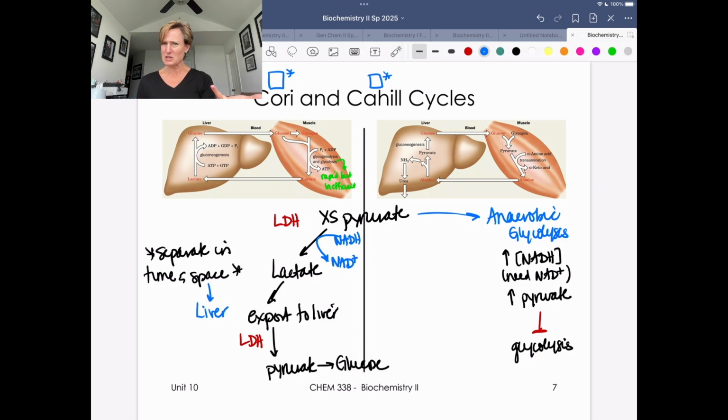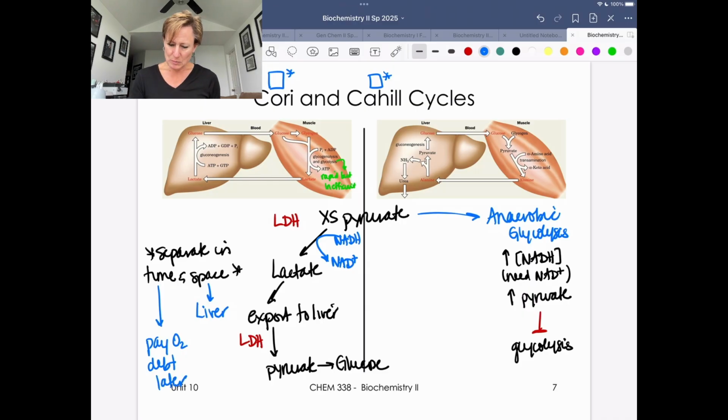Of course, the muscles can't do gluconeogenesis anyways, but the time piece is we cannot live in an anaerobic environment long term. At some point, that oxygen debt has to get paid, and it's getting paid later, in the liver.